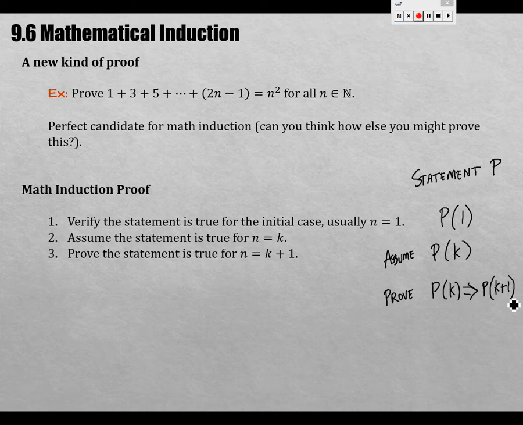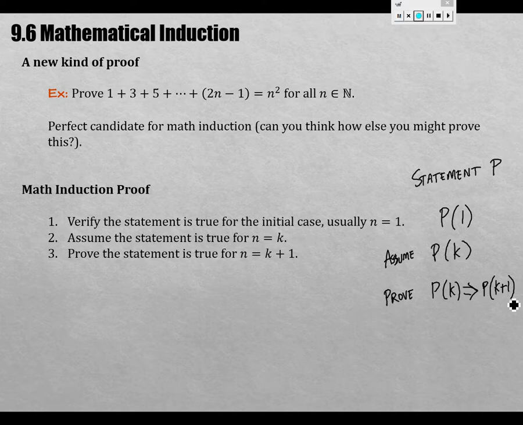That says that, for example, if the statement holds for n equals 50, then it must be true for n equals 51. You see the kind of machinery you're going to build here. You're going to build a little proof that proves that no matter what, if you bring me a case that happens to be true, that's a big if, then my proof says that the next one must be true.